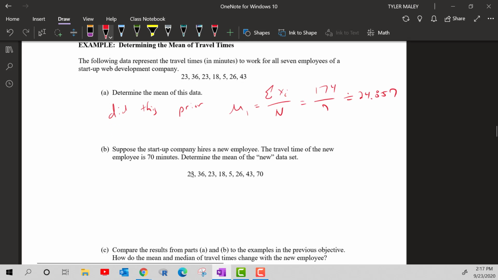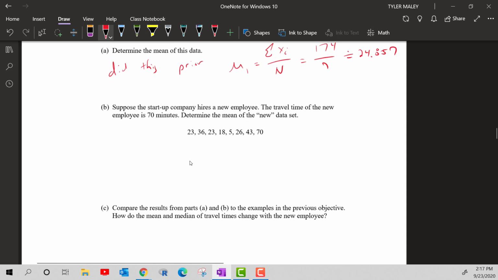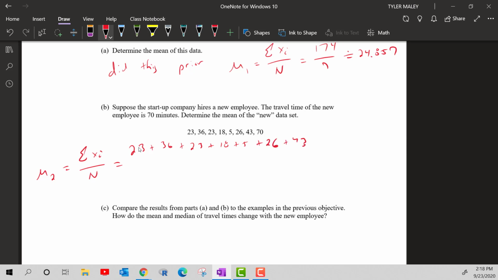So then in part B, we're doing the same thing, but we're going to add in the number 70. So we would have mu sub 2 is equal to the sum of the x sub i's divided by big N, which would be equal to 23 plus 36 plus 23 plus 18 plus 5 plus 26 plus 43 plus 70, all divided by 8.